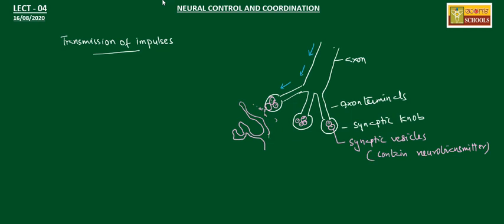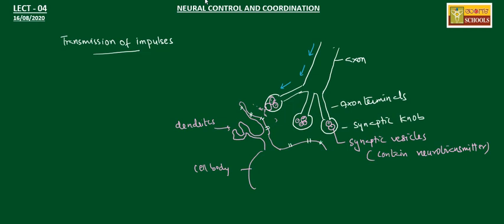Suppose these are dendrites, and this is the cell body. The released neurotransmitter comes and binds with the receptors that will be present on the dendrites and the cell body.